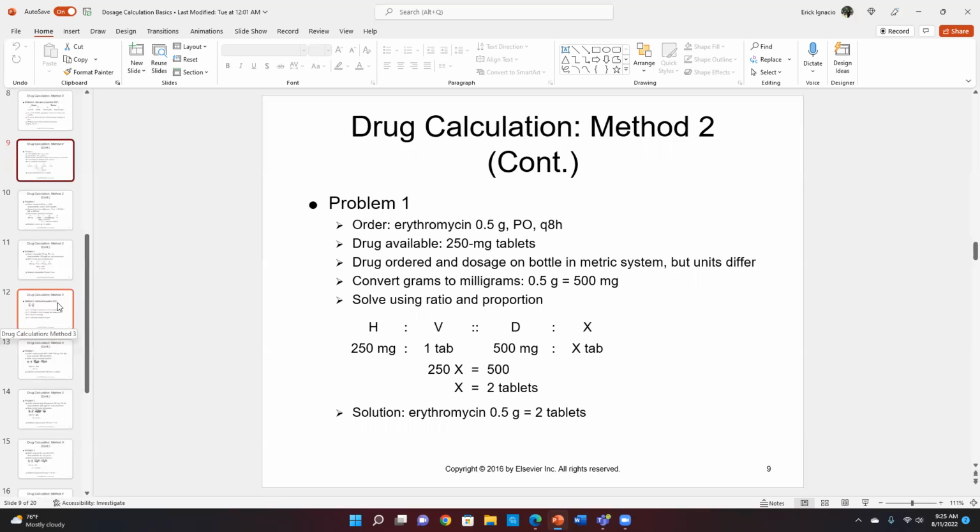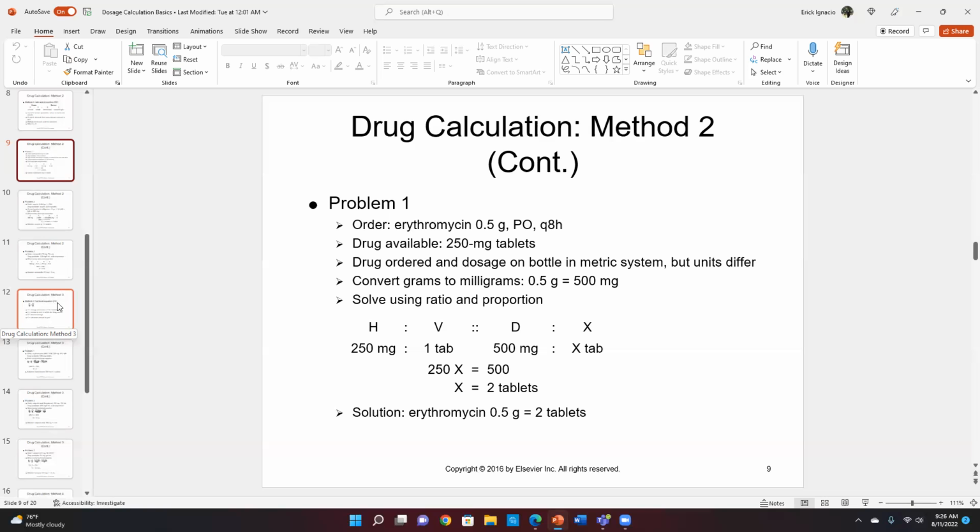So the first thing we have to do, which is the same thing that we did in the first way we solved it, is converting 0.5 grams to 500 milligrams. That is multiplying 0.5 grams by 1,000, or you could move your decimal spot 3 times to the right. Either way, you will get the correct answer of 500 milligrams. That's your conversion.